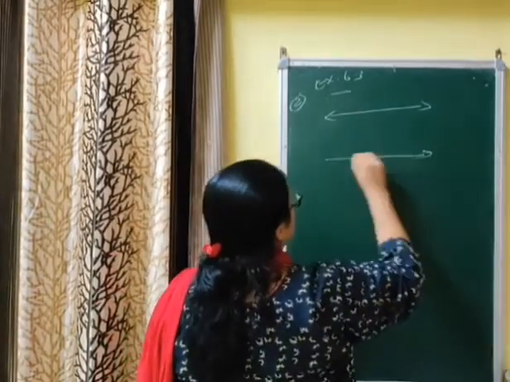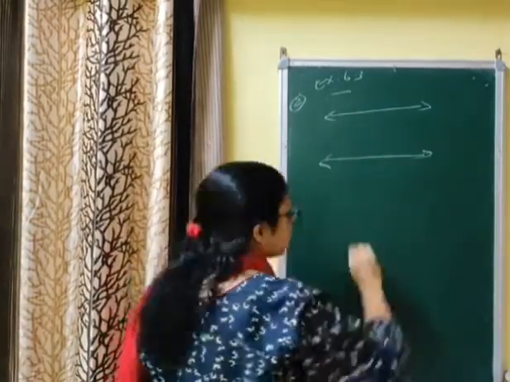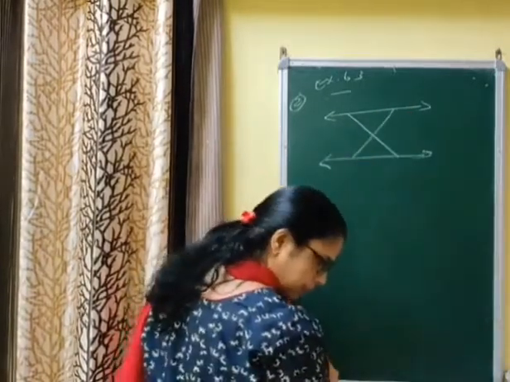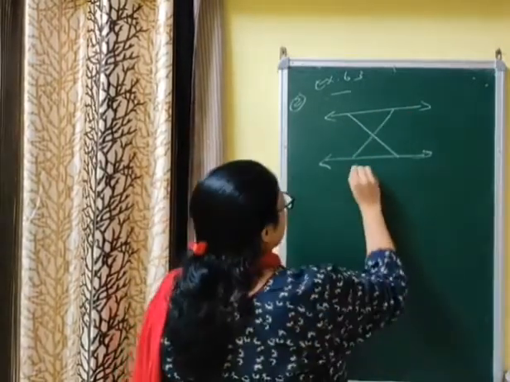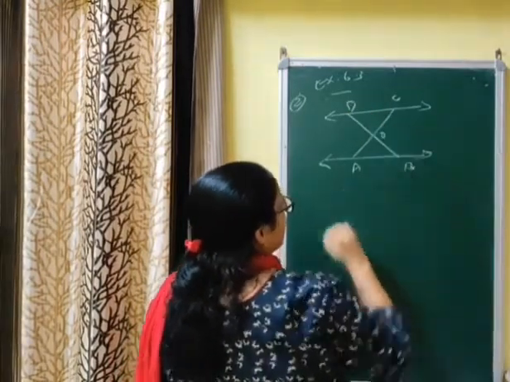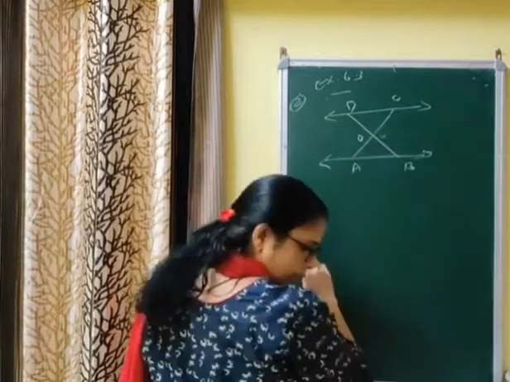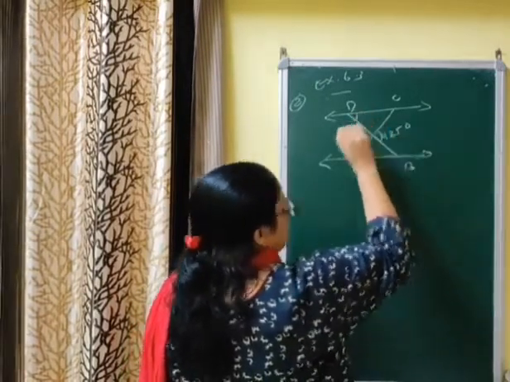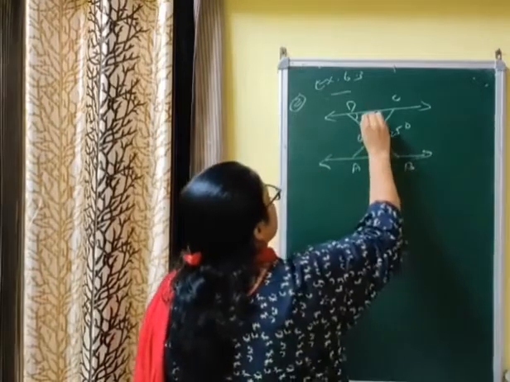You are given two triangles, two lines and two angles, intersecting lines like A, B, C, D. Both are intersecting at the point O, that may be here.